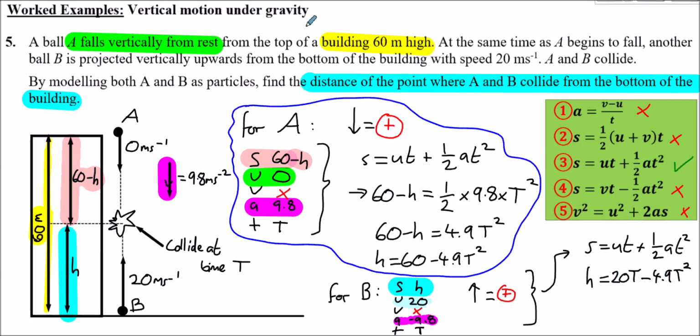So what we can do now is put these two together. From A, we had this expression for h: h equaled 60 minus 4.9T squared. And now from B, we've got this.